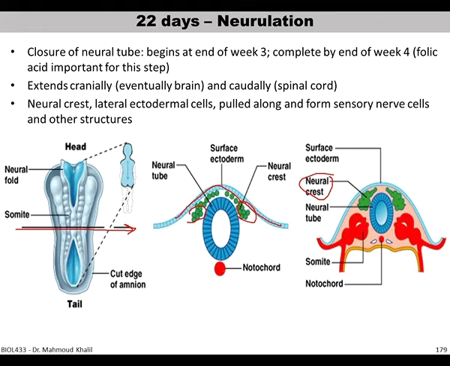Soon after that, you can see that the mesoderm has been well differentiated into somites, and soon will form the lateral plate mesoderm. And you can see that the neural crest is highly developed and later on will form the sensory nerve cells and other structures.